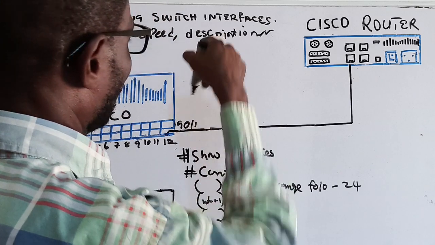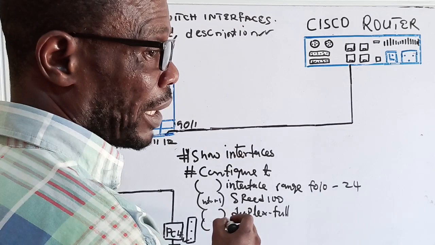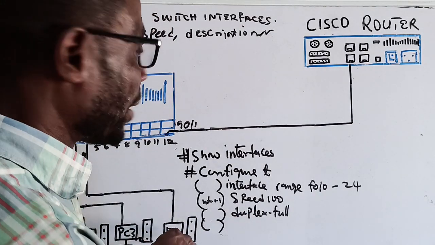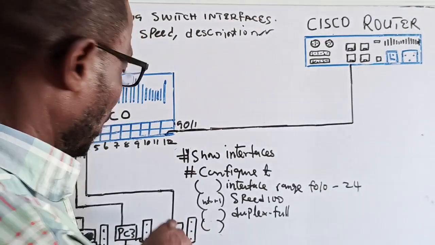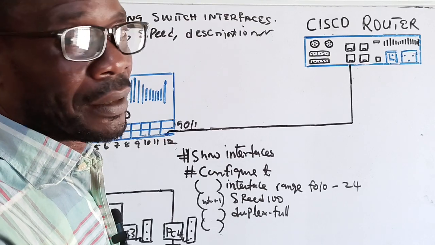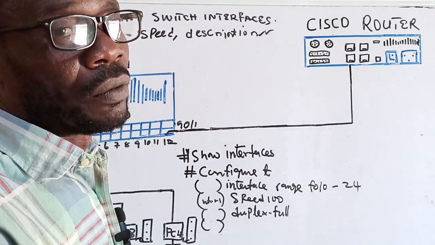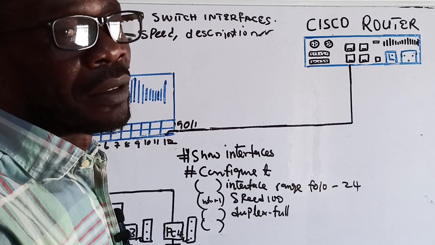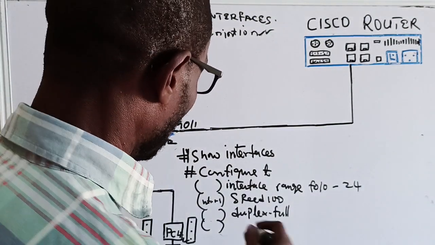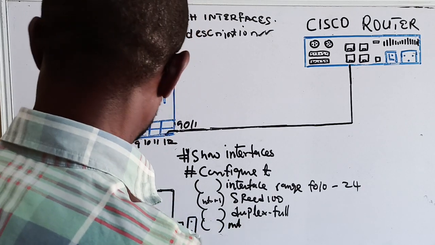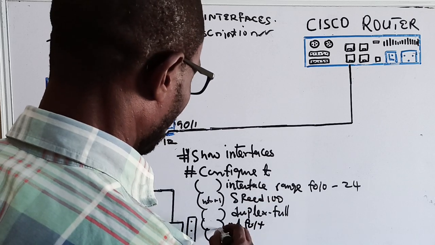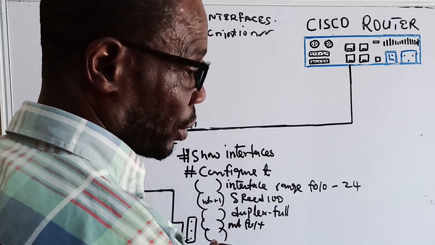Let's talk about description. Put exit to come back to global configuration mode. Description is a process where you can specify the location of every computer. Let's say this computer PC1 is on the second floor in office 1, and this other computer is on the second floor in office 2. Now interface F0/4, you hit enter, where you come back to interface configuration mode.